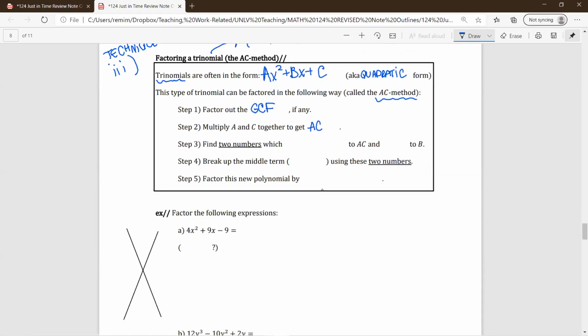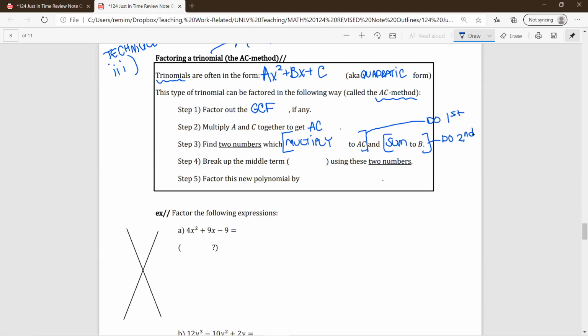Step 3, you find two numbers which multiply to AC and sum to B. Now make sure that you do this part first. If you think about the numbers that multiply to AC, and then ask yourself later if they sum to B, it's just more efficient that way. You're going to get to the correct answer sooner. Okay.